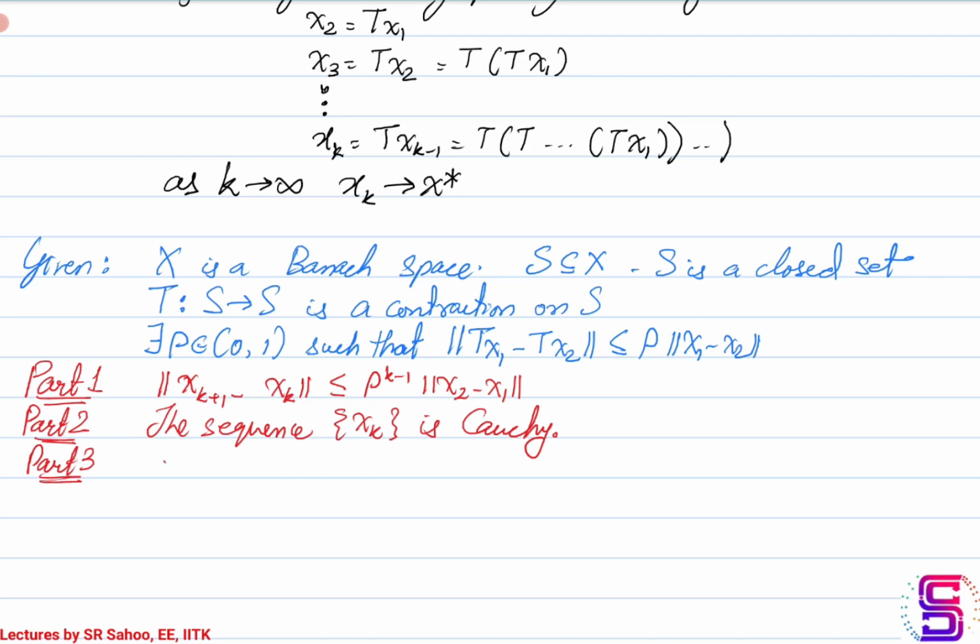That is exactly what part 3 is going to be: xk will approach the fixed point x star as k approaches infinity, where x star is a point that belongs to S. Next, we'll show x star is a fixed point in S.